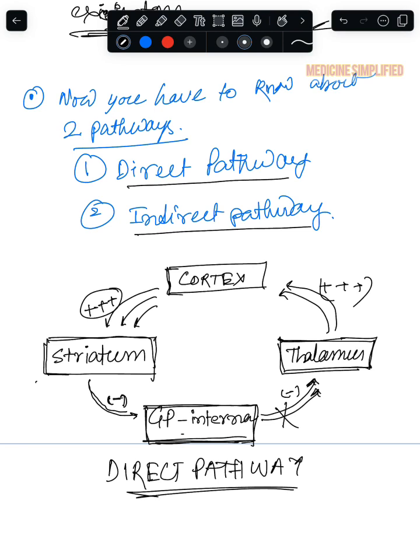It inhibits globus pallidus interna. And after globus pallidus interna gets inactivated, it cannot inhibit the thalamus further. The inhibitory action on the thalamus is gone. So the thalamus will be excitatory in nature and it exerts its excitatory effect on the cortex.